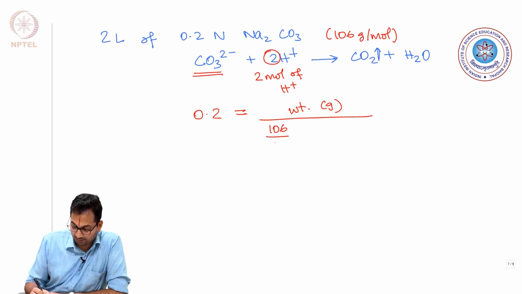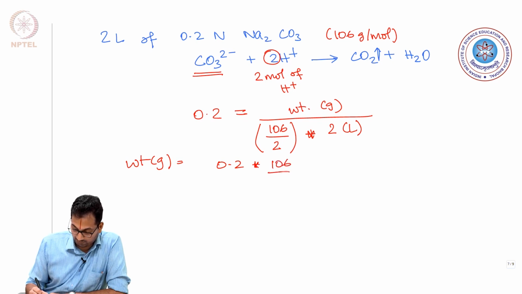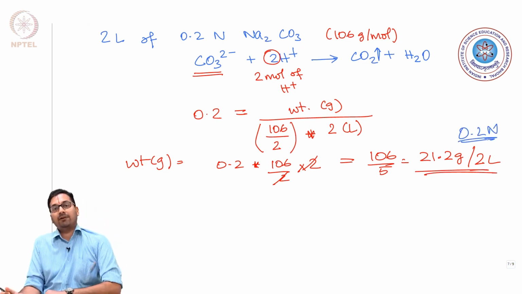So, basically you had the definition of the equivalent weight, and here you are putting in the product with the number of liters in solution. So, the weight in grams is going to be given by 0.2 times 106 by 2 times 2, which is going to be 106 by 5, 21.2 grams for 2 liters to make an overall concentration of 0.2 normal in this reaction.